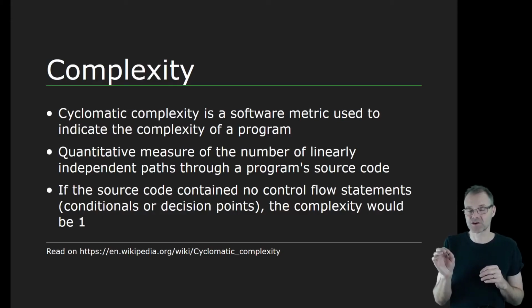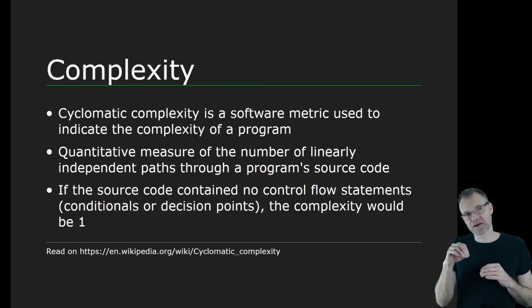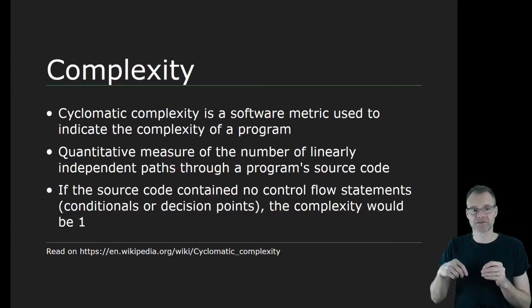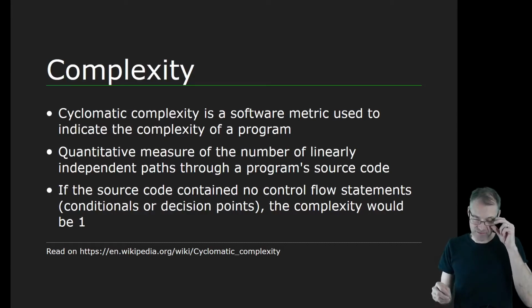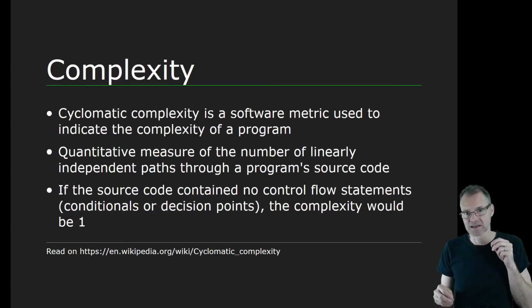So that's where we start. If we have a method that has several decision points, for each decision point we increment the complexity. So if we have a value of 10, that is a method that would have 10 decision points in it, or actually 9 decision points plus 1. That's 10.